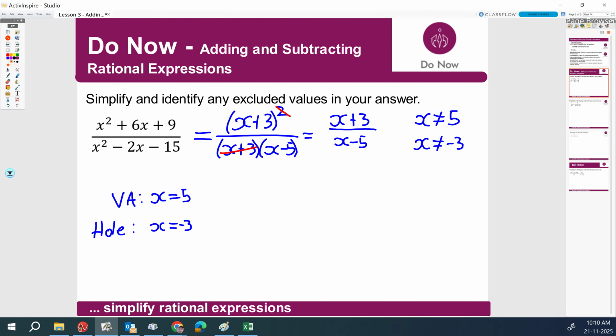Notice that x equals negative 3 remains an excluded value even though it doesn't now cause a divide by 0. This expression has to be the same as this expression. So in order to make it the same, we can add this hole in by just excluding it from the domain of the expression.